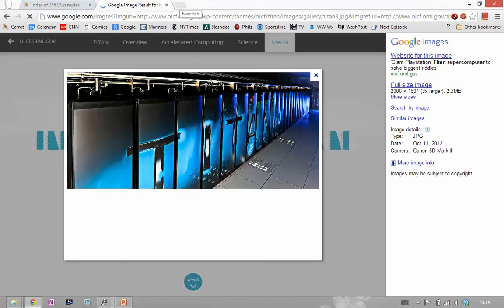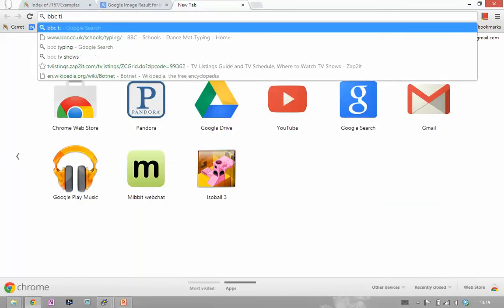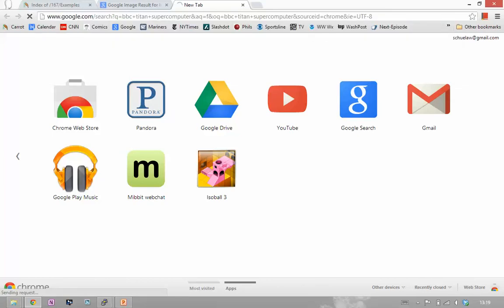And this thing is super fancy. Let me get onto the BBC. Titan. Is it doing it? That's weird. Need to upgrade your computer.